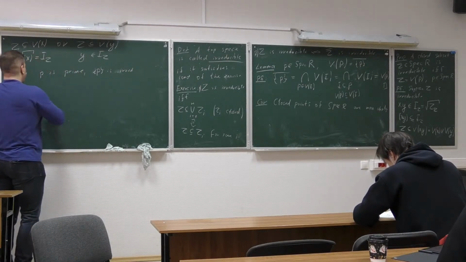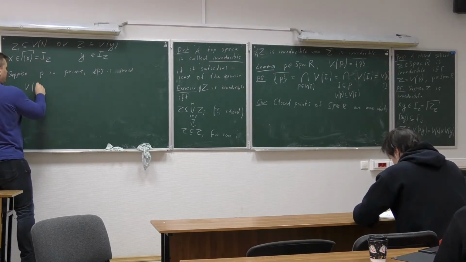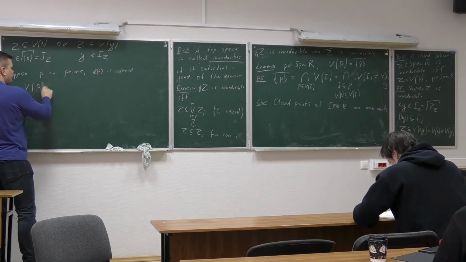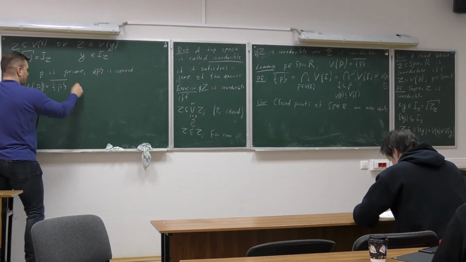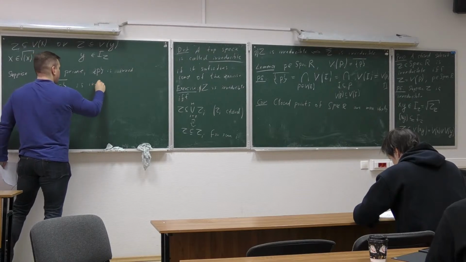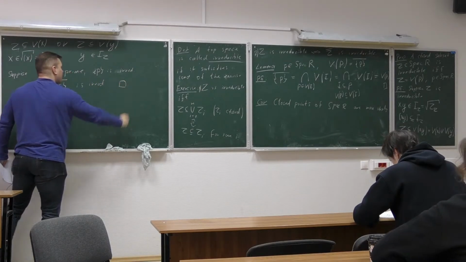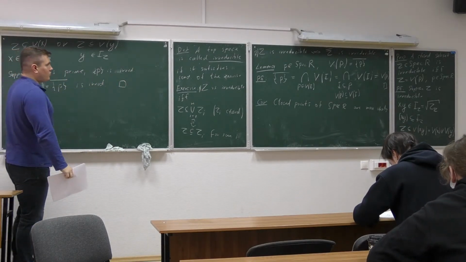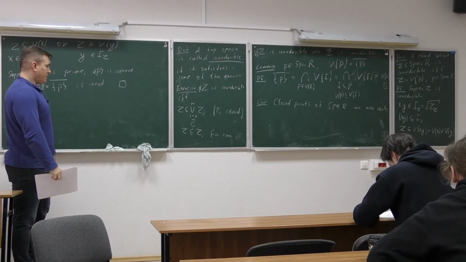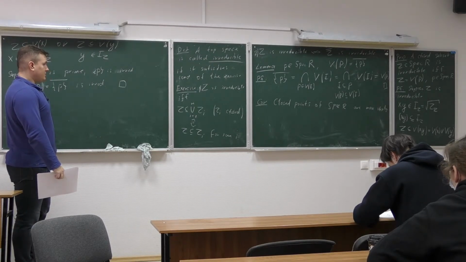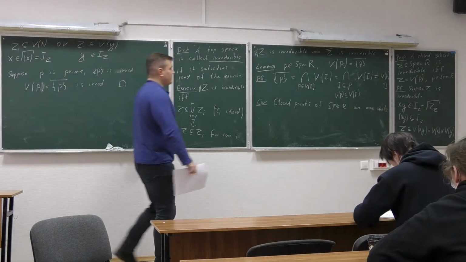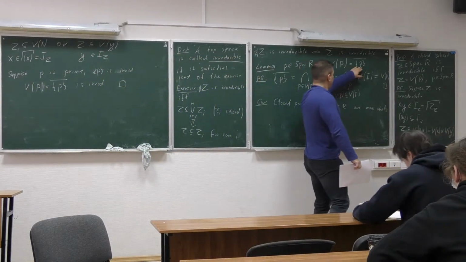And if I take the closure, then this is again irreducible. Okay, so now we know all irreducible subsets in the Spec of R, and these are exactly the prime ideals. And the bijection is essentially given by this.